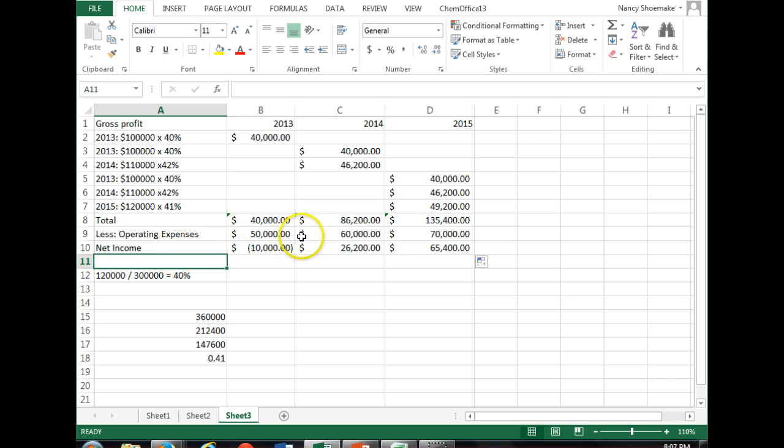So the first year we have a $10,000 loss, net loss. 2014, 26.2, and 2015, 65.4. Make sense? How are we doing, guys?